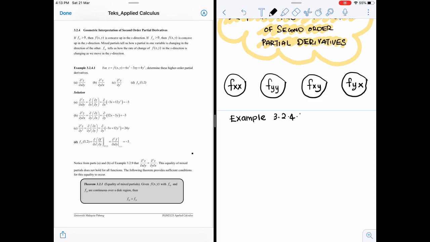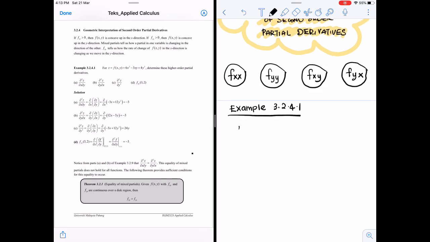Point 4.1. Okay, so we have a function f(x,y) equal to 6x squared minus 3xy plus 4y cubed.